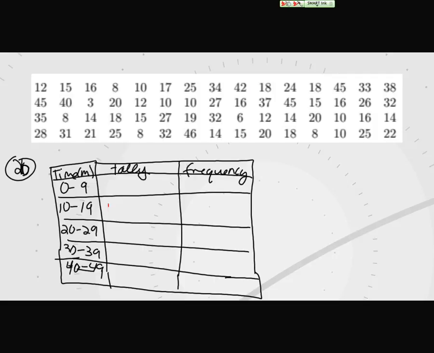So, okay, 12, 15, 16. I just did the first row, but you get the idea, right?